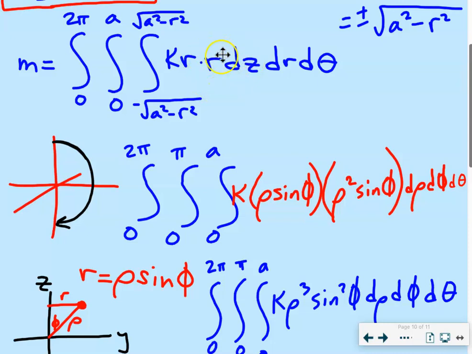It would be part of the integrand if I evaluated like this, but I'm not. I'm switching over and evaluating in spherical, so I'm just kind of rewriting it from scratch. So that r is getting replaced with the new Jacobian of rho squared sine phi.